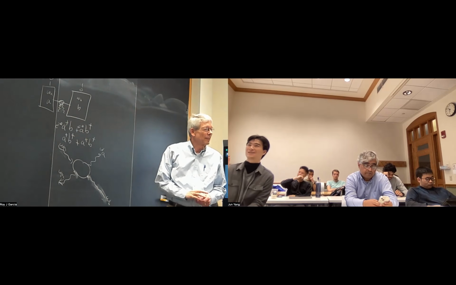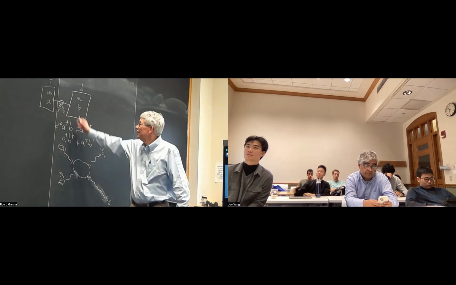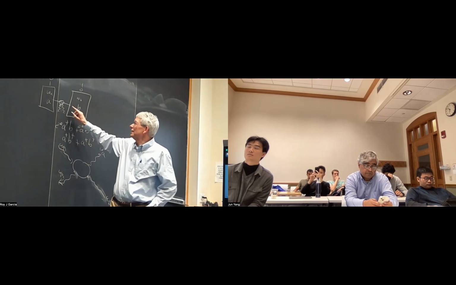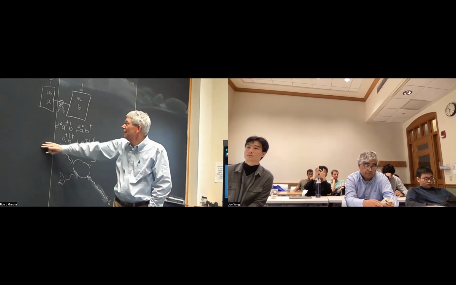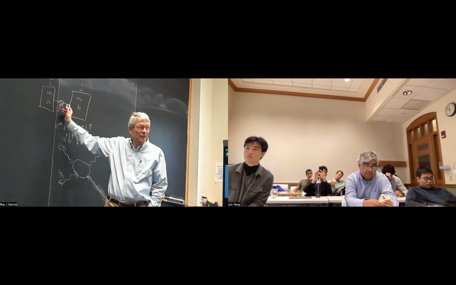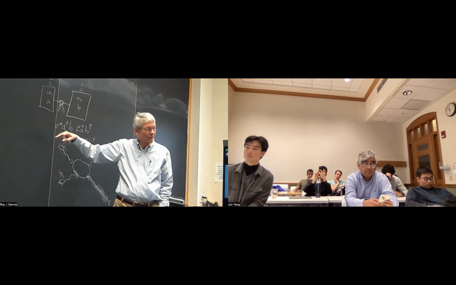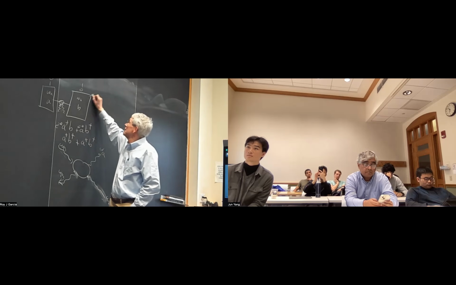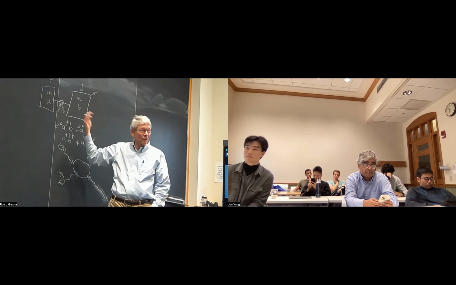Yeah. Another question. What is the connectivity of this architecture? Well, the simplest thing to do is have a grid of cavities and geometrically local nearest-neighbor beam splitters, and then some auxiliary qubits.